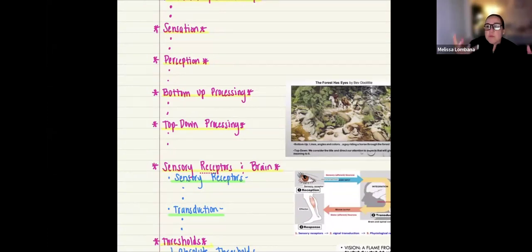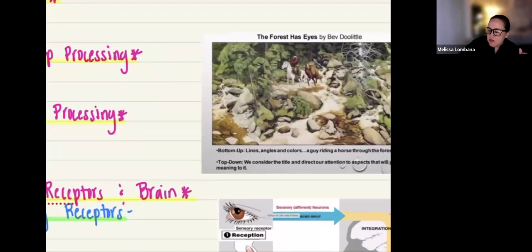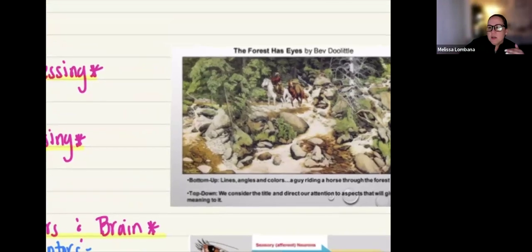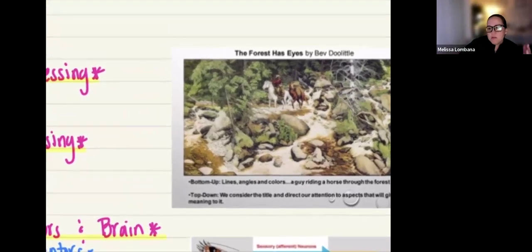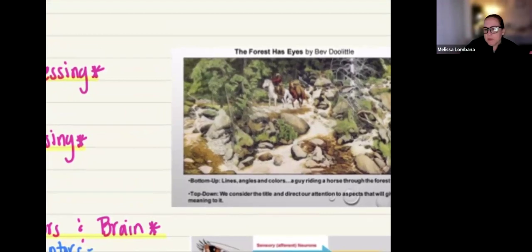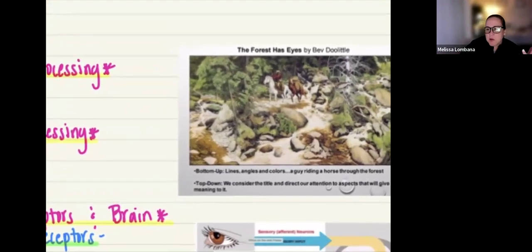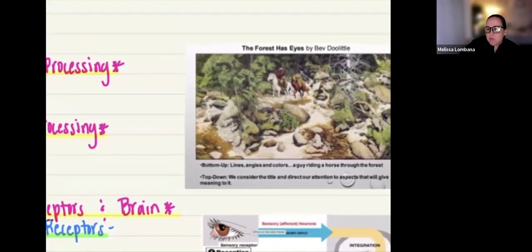So we're going to use prior knowledge with top down processing. A negative with this top down is that it does create kind of like stereotypes. Okay, where if I told you just look at this image, you're going to just see a forest with trees, rocks, somebody on a horse, maybe a cowboy, and then there's water, right?